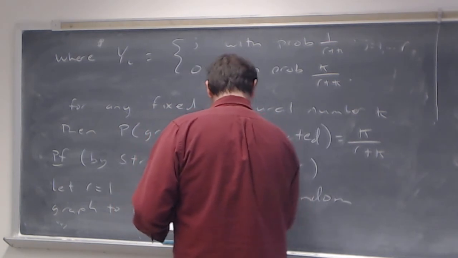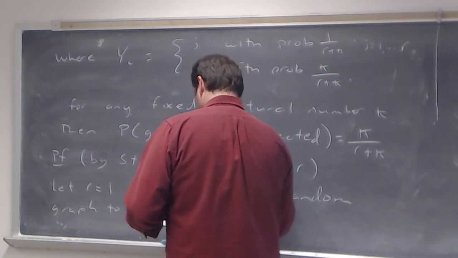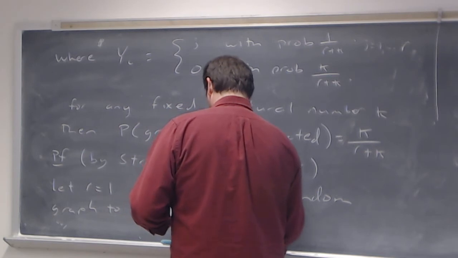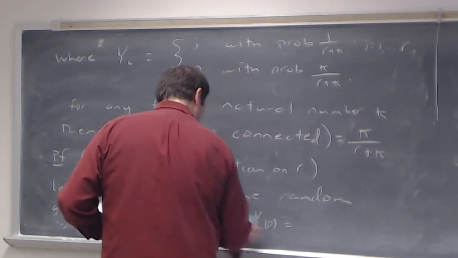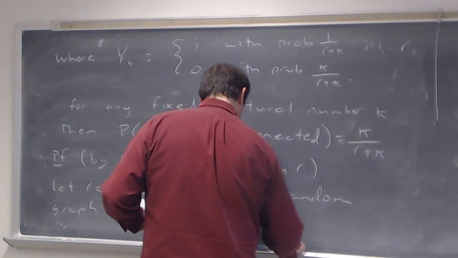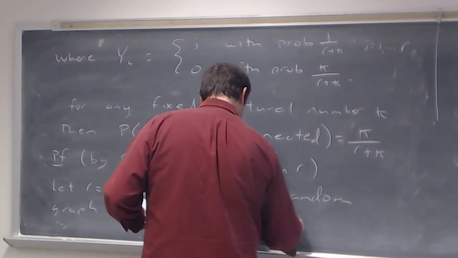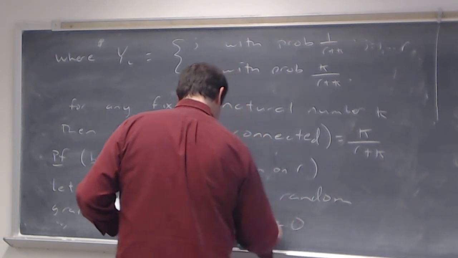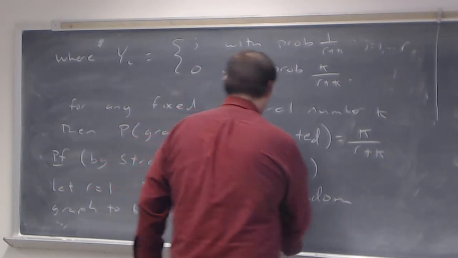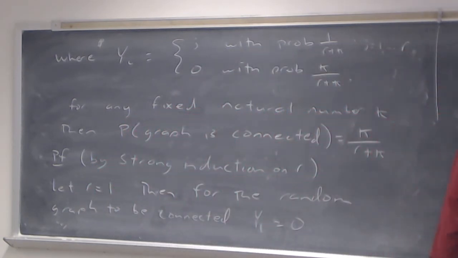So that means Y sub 1 has to be equal to 0. Okay, that's what we're looking at. So we're trying to compute the probability that that happens.